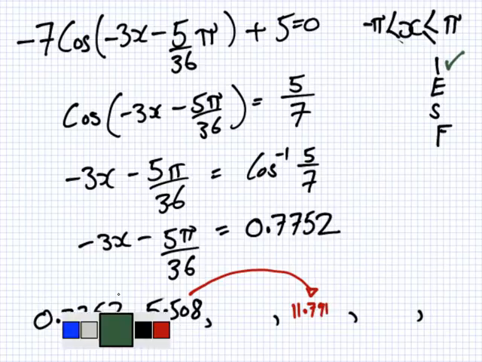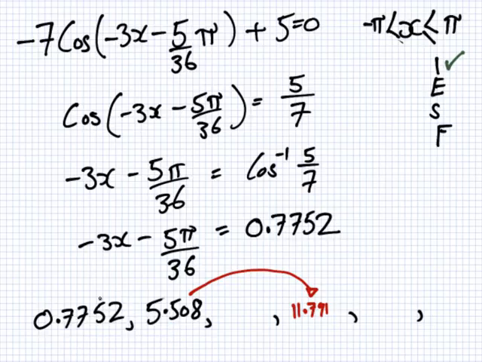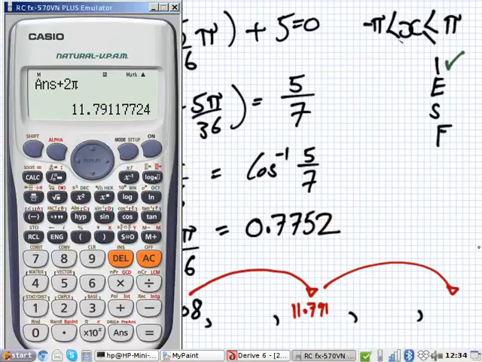Sorry, I do need one more answer at the back here, don't I? So let me add 2 pi again: 18.074.